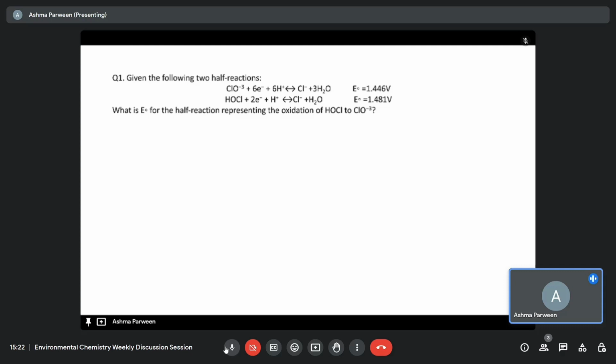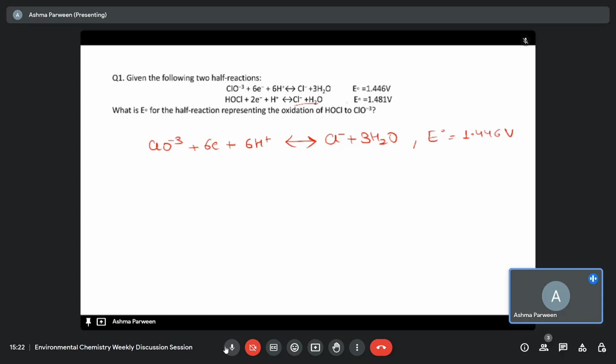So the first reaction here is ClO3 minus plus 6 electrons plus 6H plus giving Cl minus plus 3H2O. And the E naught for this reaction is 1.446 volt. And we will reverse the second reaction.